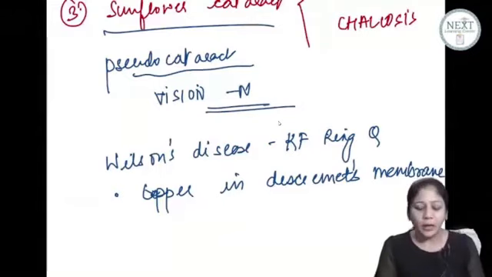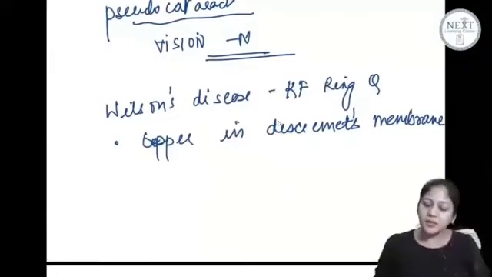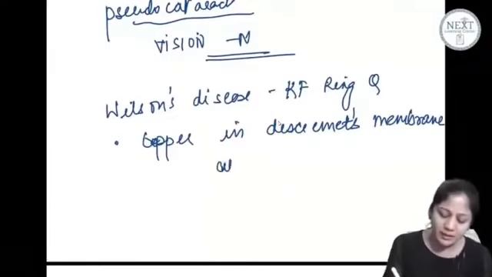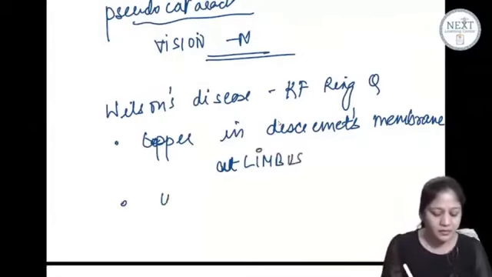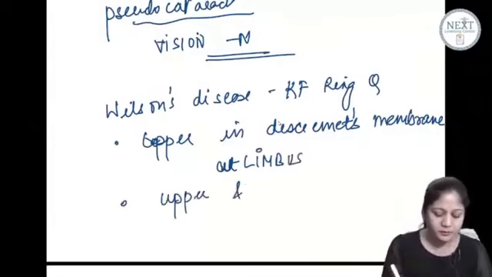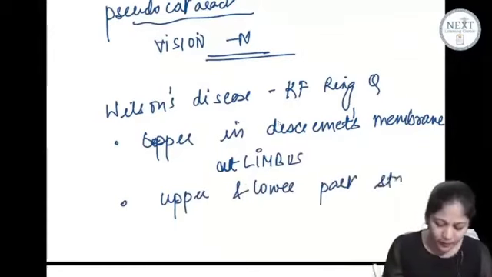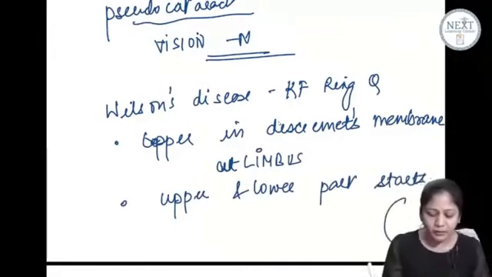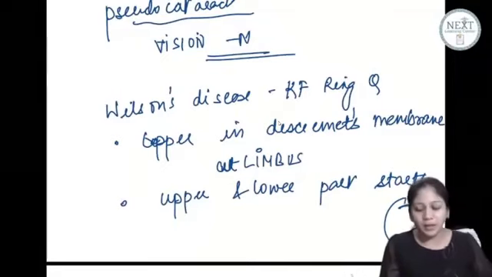Now where exactly, throughout the Descemet's? No, at the limbus. It is mainly at the limbus. When it starts, it is always in the upper and lower part. Later, it comes as a ring. ठीक है, जब ये start होता है तो ये ऐसे upper and lower part में होता है, and later on you would see a complete ring being formed.